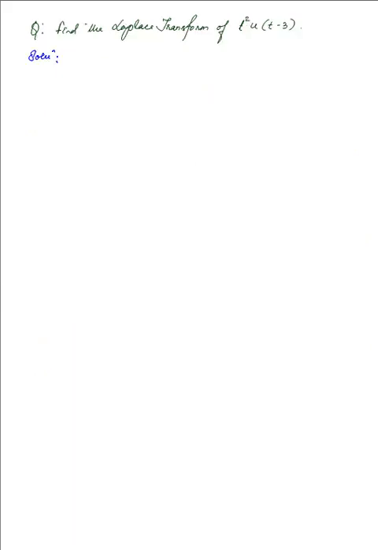So with that, we are to try this question, that is to find the Laplace transform of t squared times the unit function of t minus 3. So in that case, we'll just express this.